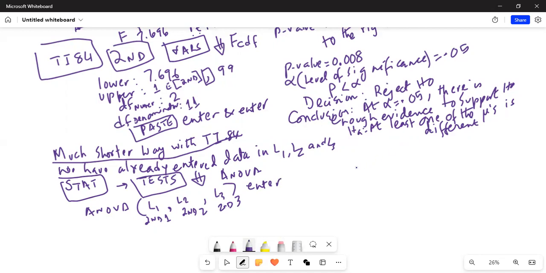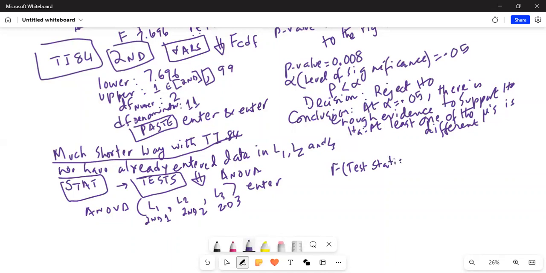You get the test statistic F. Remember, F is the ratio of two variances. One is the variation of each sample mean from the grand average, and the second one is the variation within each group of sample. So it's a ratio of two variances.